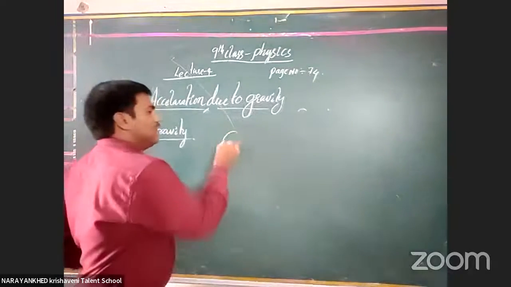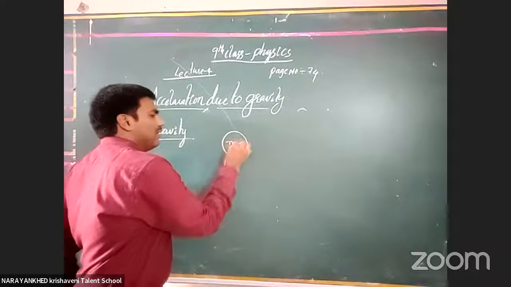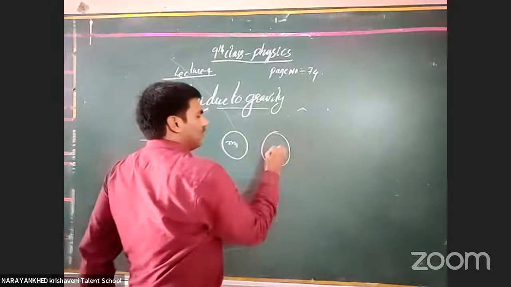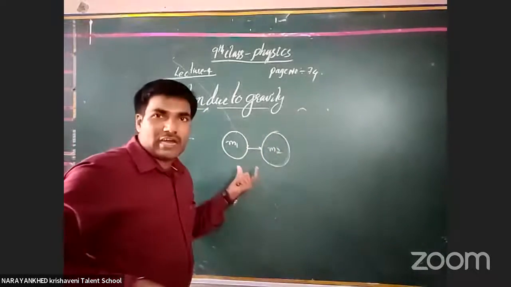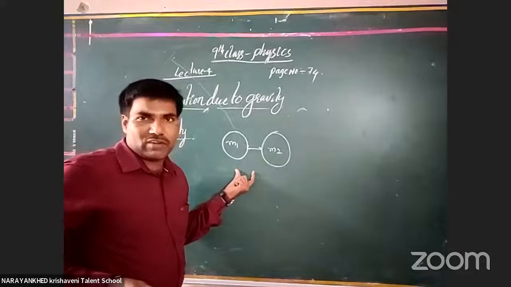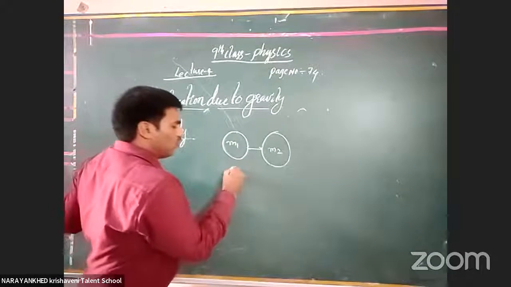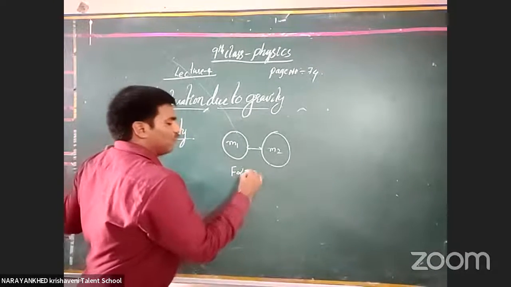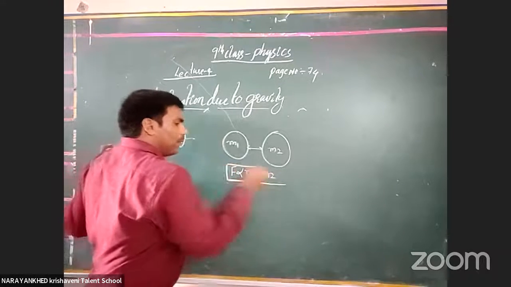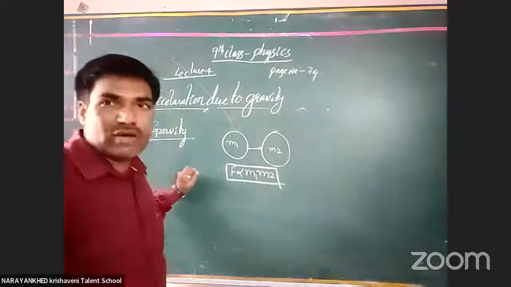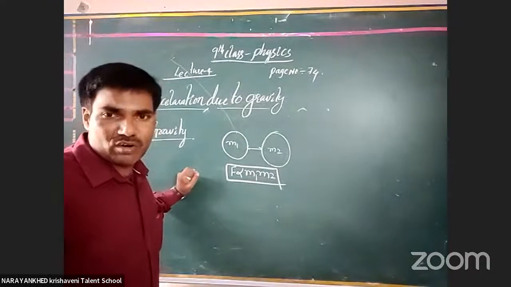Consider two bodies, M1 and M2. For the idea, I am giving this; again, in the gravitation lesson, it will be very good for us. The force of attraction between these two bodies is directly proportional to the product of their masses. Understood, all of you?